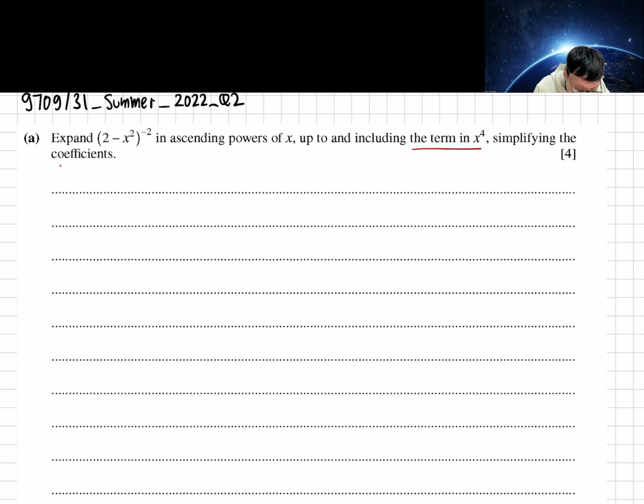So you get 2 exponent minus 2 times (1 minus x squared over 2) exponent minus 2. And we know that 2 exponent minus 2 is just 1 over 4.